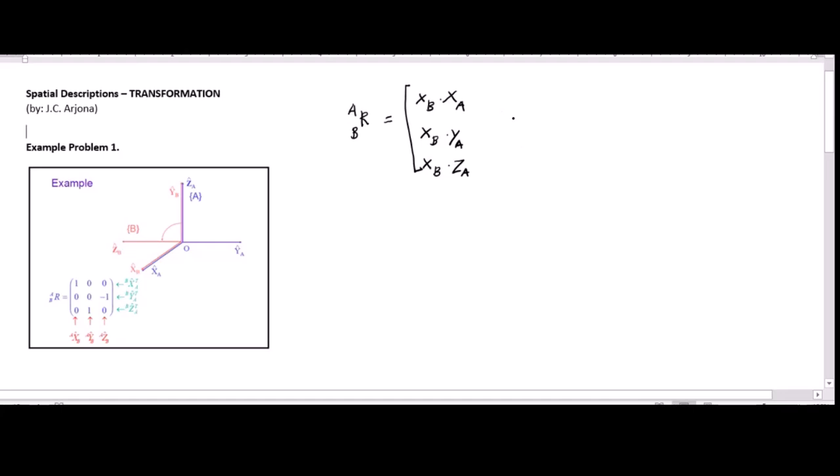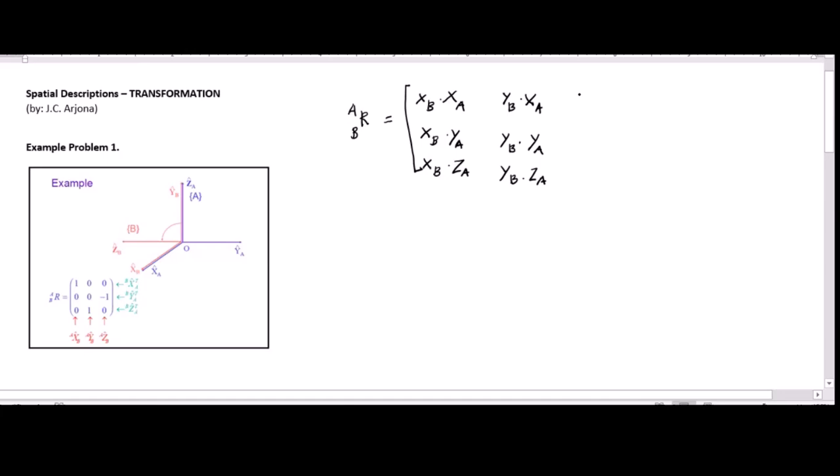For the YB to A, this is YB, YB, YB dot relative to frame A. So this is XA, dot YA, dot ZA.